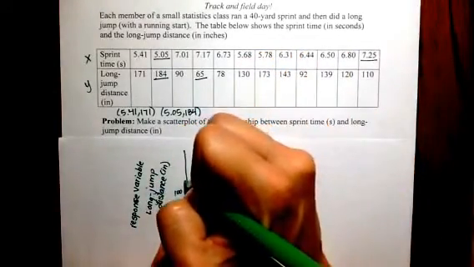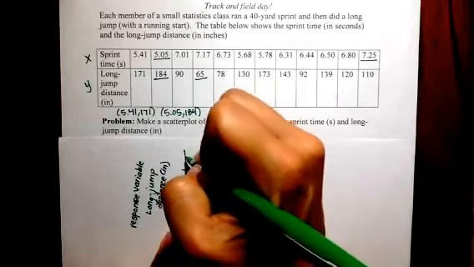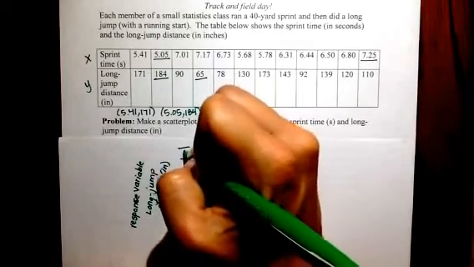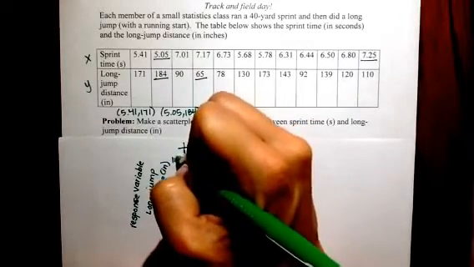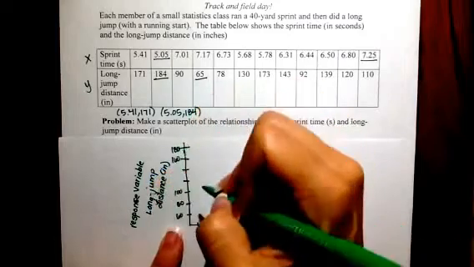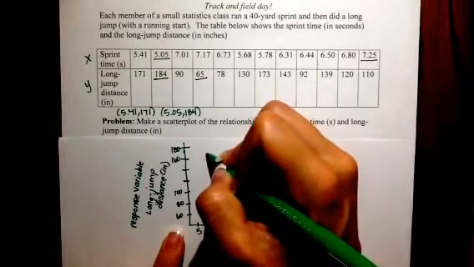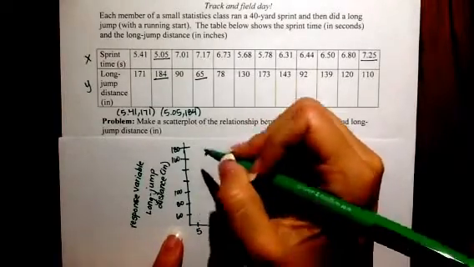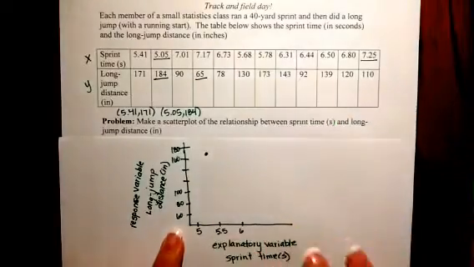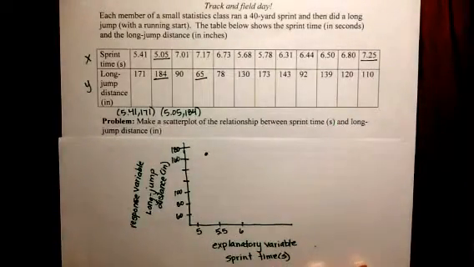So let me get a couple more on here: 120, 140, 160, and 180. So my point of 5.4 would be somewhere around here, and 170 up here, and I would plot my point. And I would keep going all the way through for all of the ordered pairs.